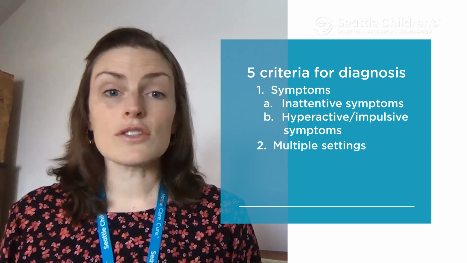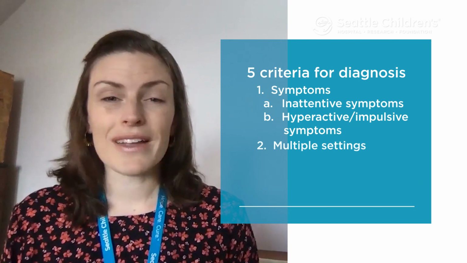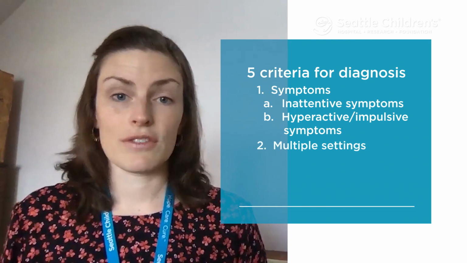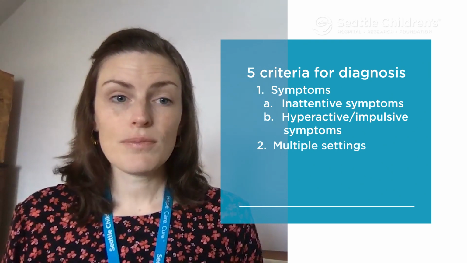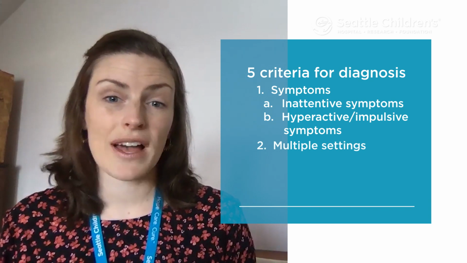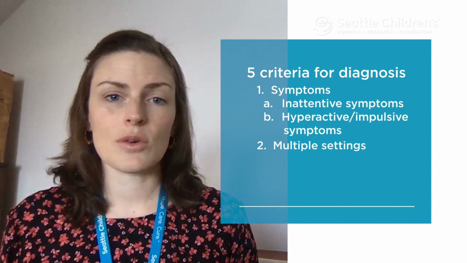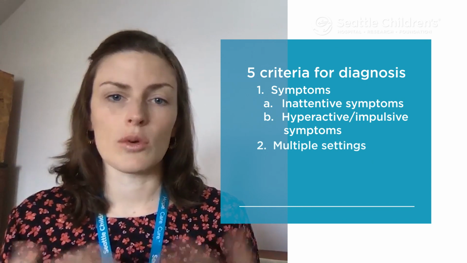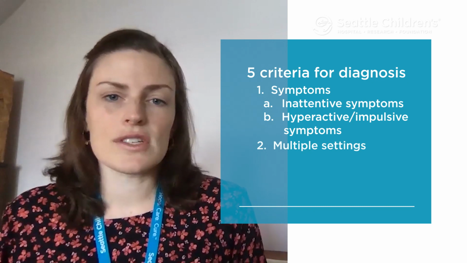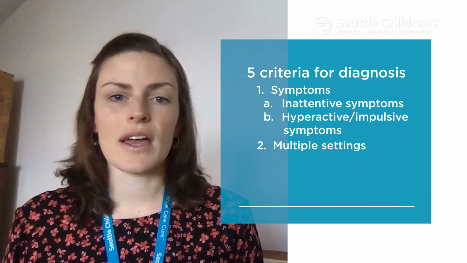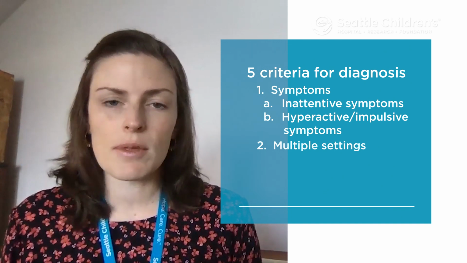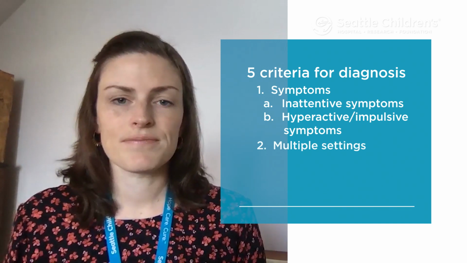We would also look at social situations, whether your child might struggle to pay attention and follow along with the group in different social settings. We would also maybe look at extracurricular activities, different groups or classes that your child takes, or what they look like when they're doing a group activity. And then we'd also look at any other settings where your child spends time. It could be an after-school care program, could be with extended family members or babysitters.